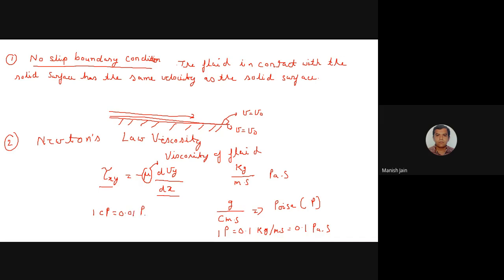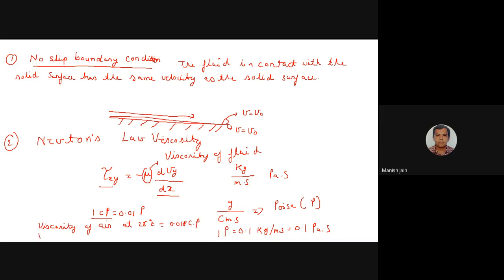The centipoise is very important because the viscosity of water is around 1 centipoise at 25 degrees Celsius. The viscosity of air at 25 degrees Celsius is equivalent to 0.018 centipoise.